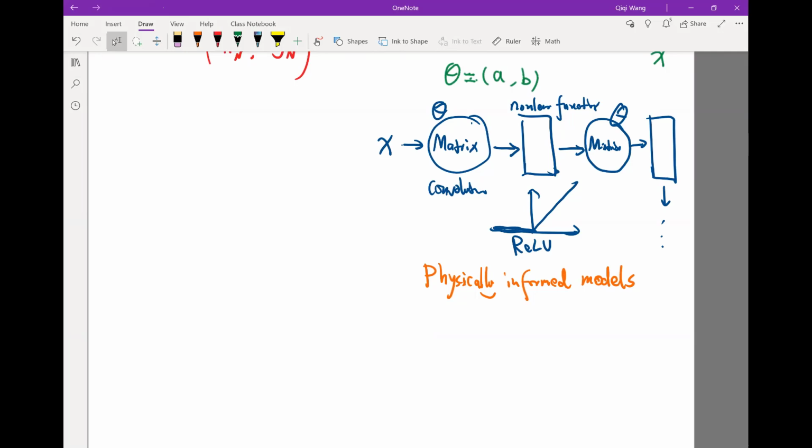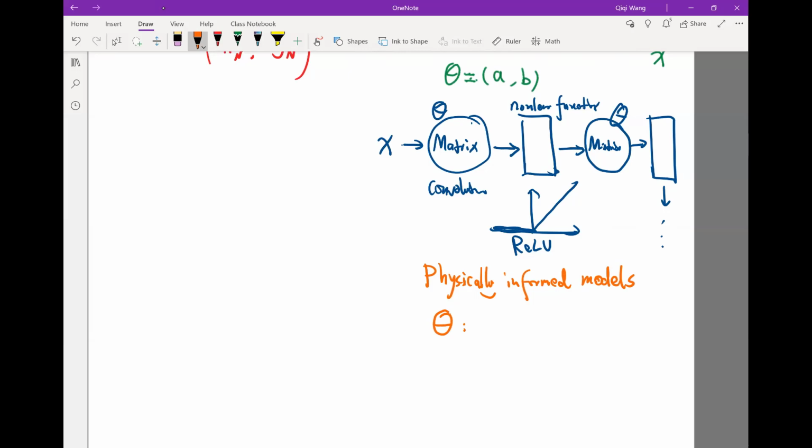Things like turbulence or clouds, or the effect of trees on the ground on how much they slow down winds, or how much moisture trees provide into the atmosphere. These are the unknown things that are all lumped into theta.